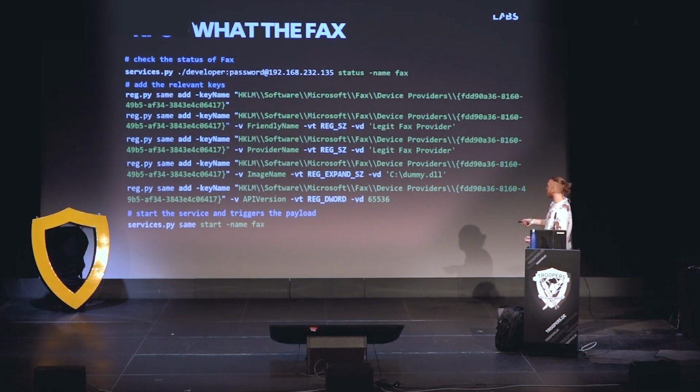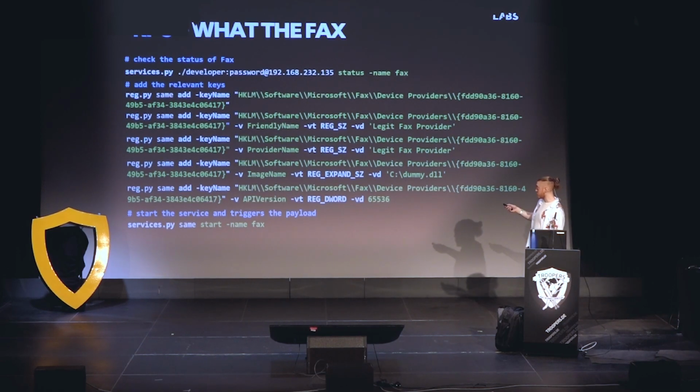It might be uninstalled, so it might be worth checking before trying to exploit that. All the other commands are used to create the registry keys needed for the provider loading. Again, this is all remote. And last is actually starting the fax service. When you start the fax service, it will just load your DLL and you get code execution.